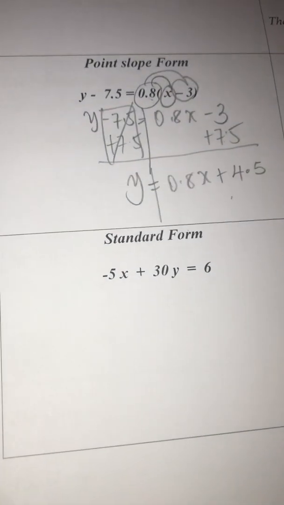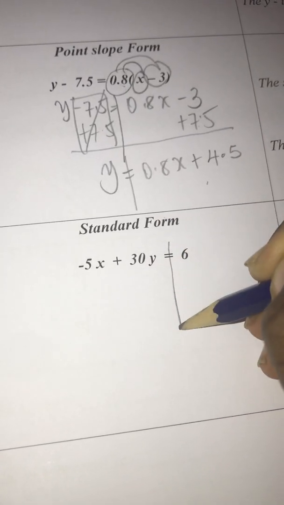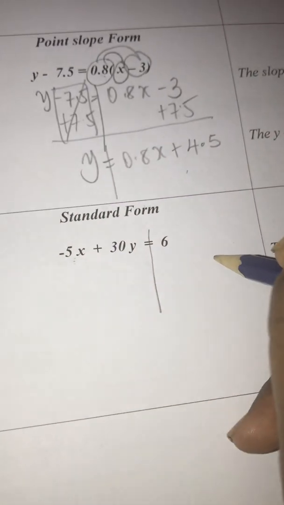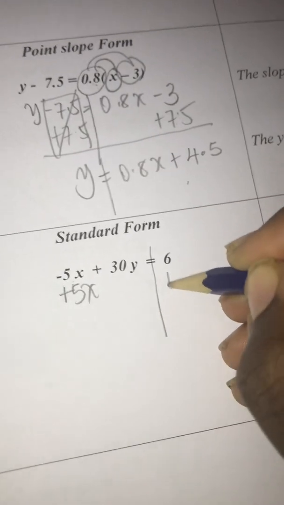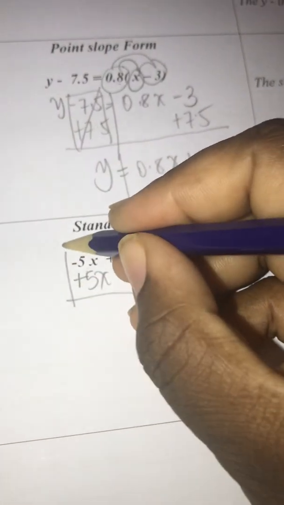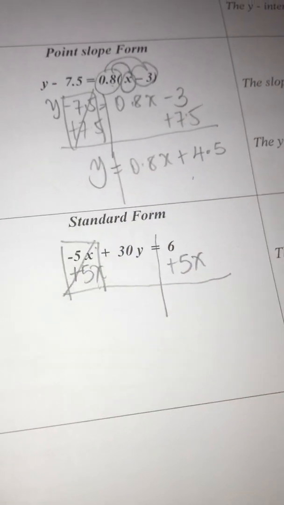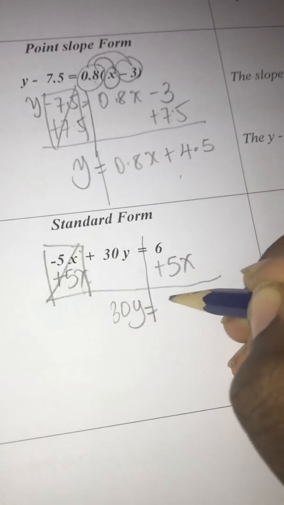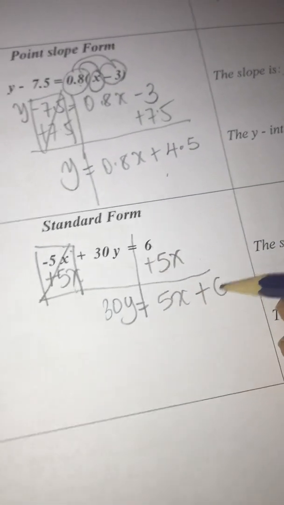Now you have standard form. Remember, you want y by itself. You draw your bridge. This x has to go on this side. Since it is negative, you will add on both sides. This is a house. They belong together because they are like terms. So now you have 30y equals 5x plus 6.